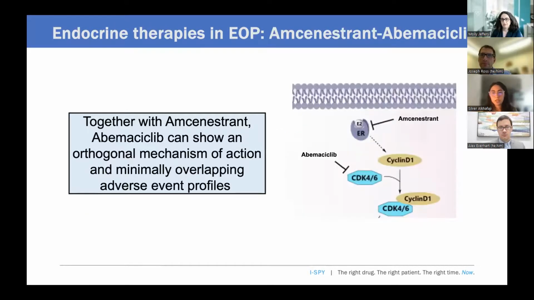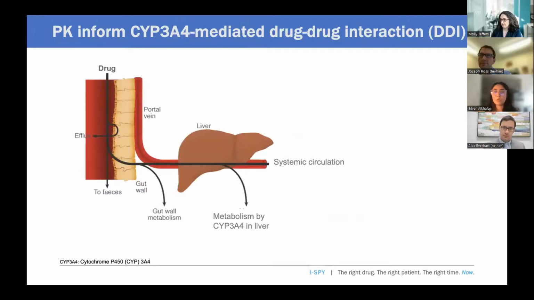So together, we think that, as shown here on the diagram on the right, these 2 drugs can show an orthogonal mechanism of action and hopefully minimum overlapping adverse events and profiles. The problem with these 2 is they have an underlying cytochrome P450/3A4 mediated drug-drug interaction.